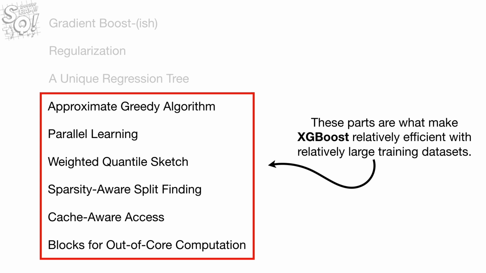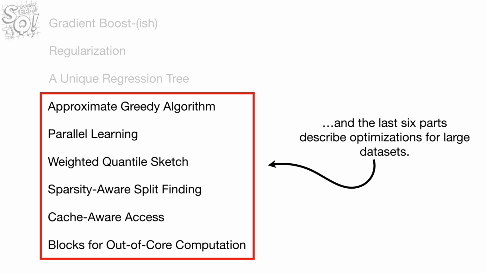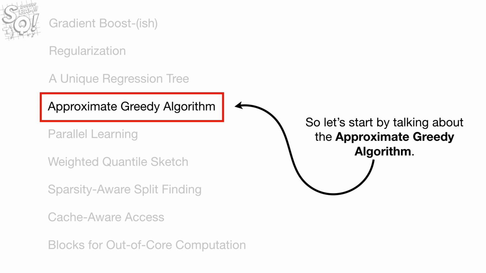These parts are what make XGBoost relatively efficient with relatively large training datasets. In other words, the first three parts give us a conceptual idea of how XGBoost is fit to training data and how it makes predictions. And the last 6 parts describe optimizations for large datasets. So let's start by talking about the Approximate Greedy Algorithm.